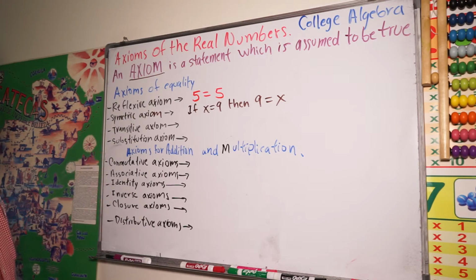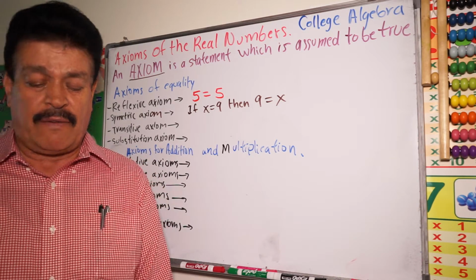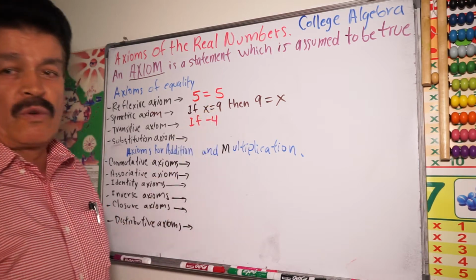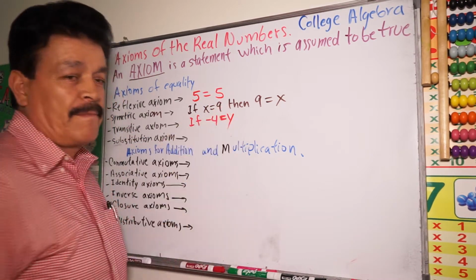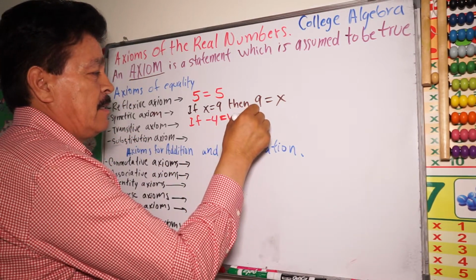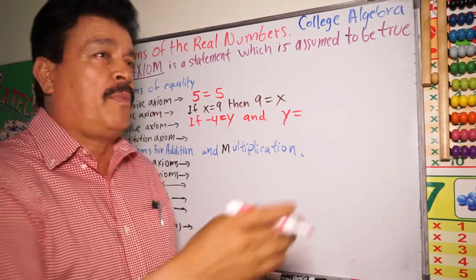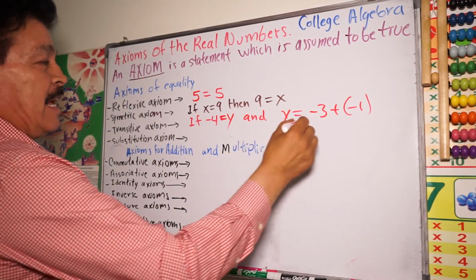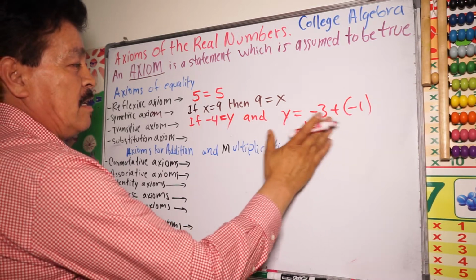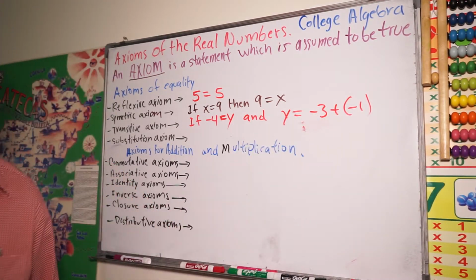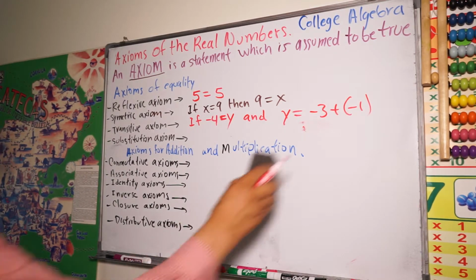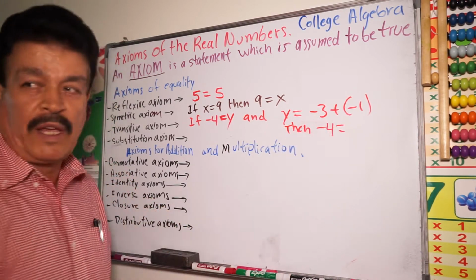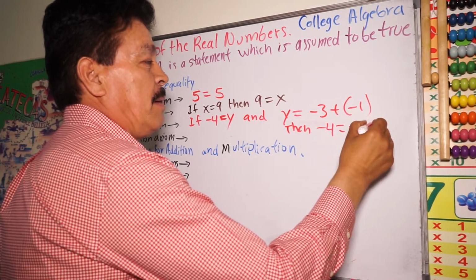This is one exact example of the symmetric axiom. The third one is the transitive axiom. For example, if you write -4 equals y, and y equals, for example, -3 plus -1, then -4 is going to be equal to -3 plus -1.